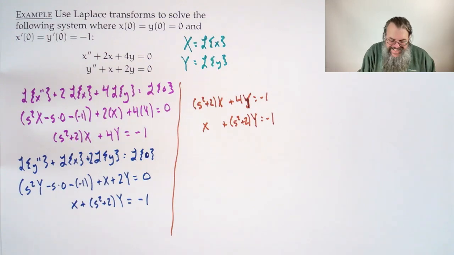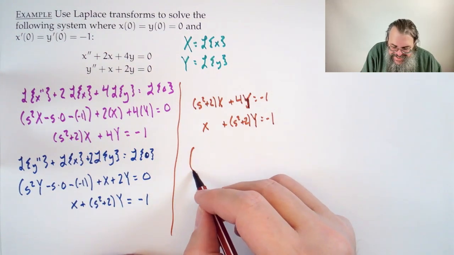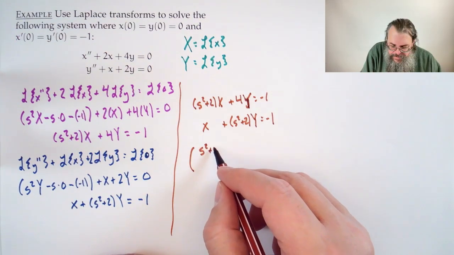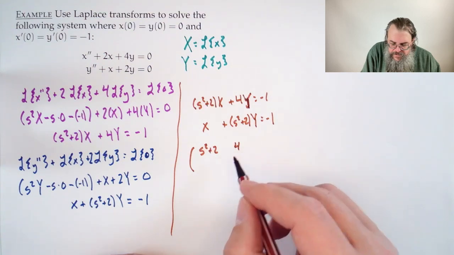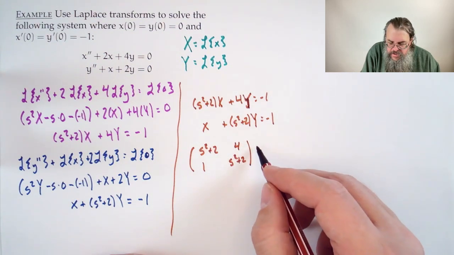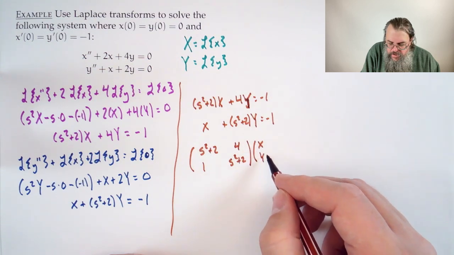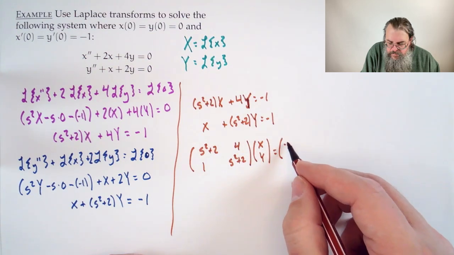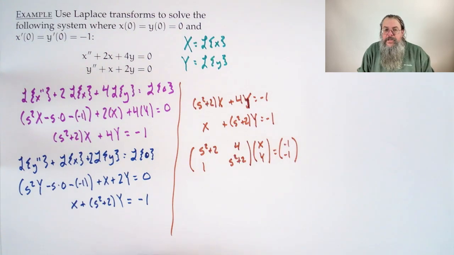Or, as a matrix, this can be written as [s squared plus 2, 4; 1, s squared plus 2] times [X; Y] equals [minus 1; minus 1].